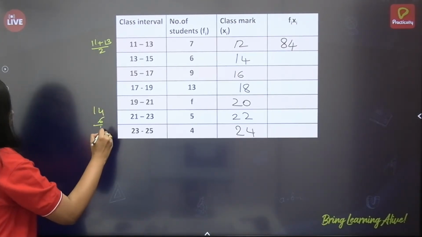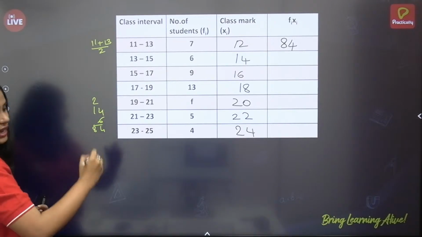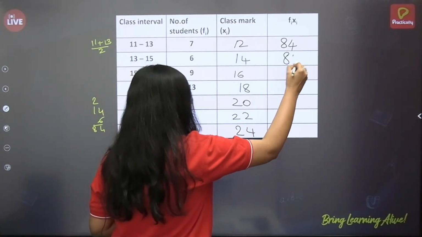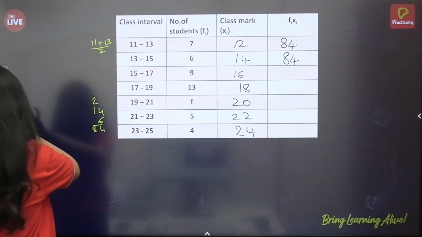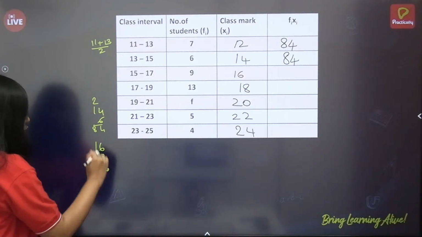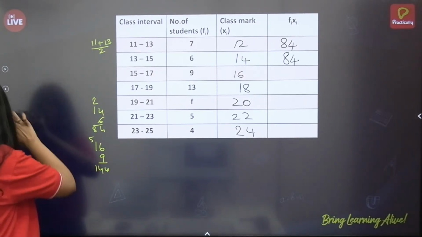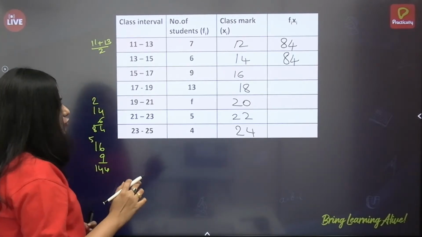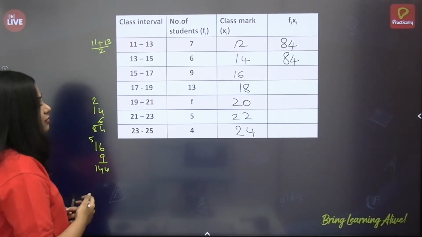Right, very good. Next, 16 into 9. 9 6s are 54, 9 plus 5, 14, so 144. Very good, Aryan, 144.